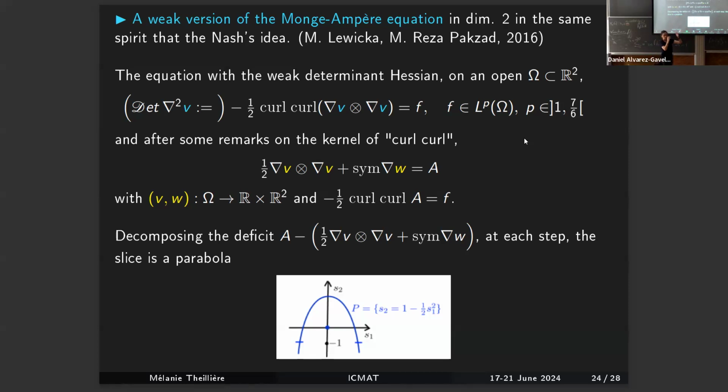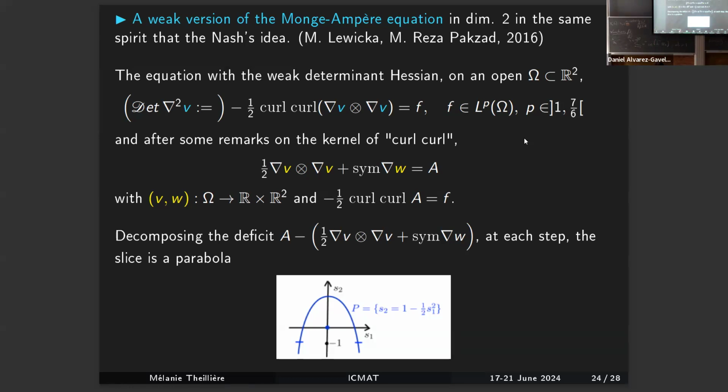Like in the isometric case, they compute a deficit: what they want to reach minus what they have at the previous step, and they increase little by little. In this case, the slice of the relation is not a circle but a parabola, so it's not bounded. And it's closed also. They managed to do this also in regularity only C¹.